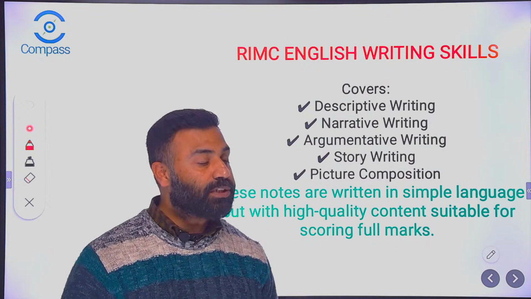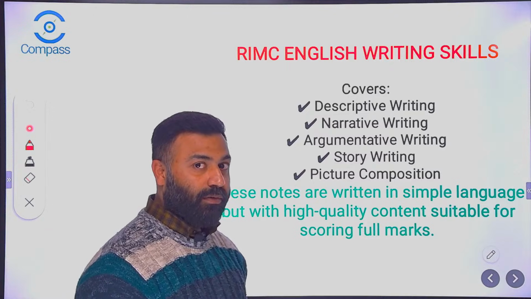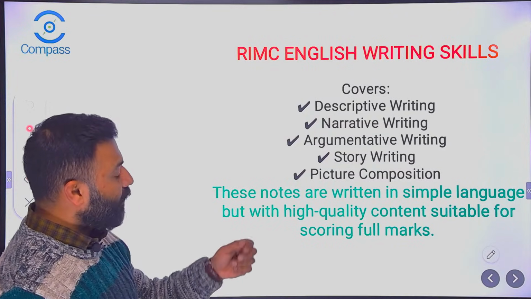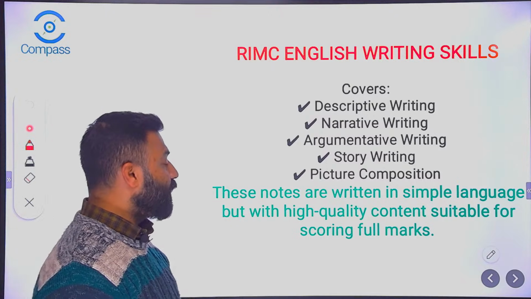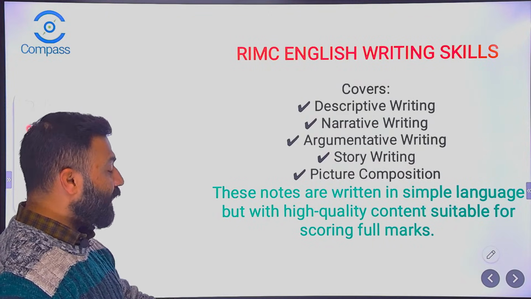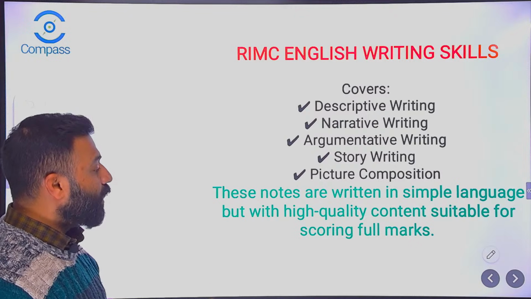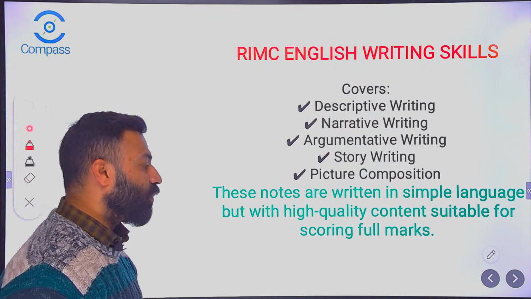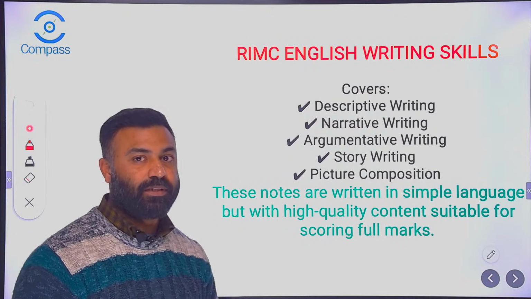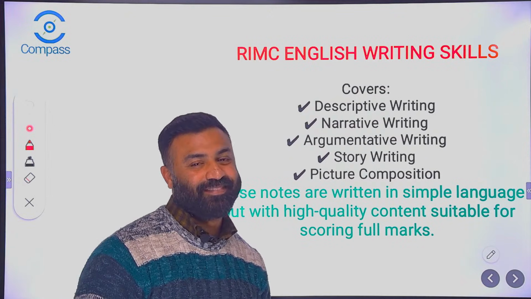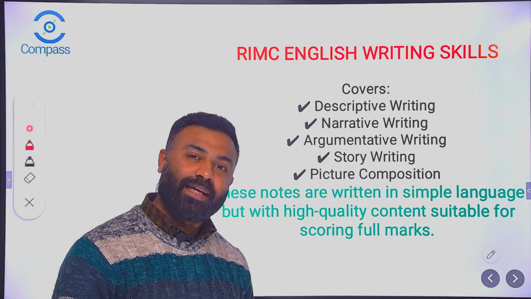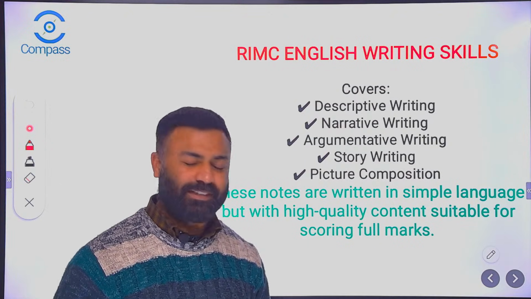Okay, so let's not talk about everything right now. Let's go forward. There is a note written over here. Let's read it together. These notes are written in simple language but with high quality content suitable for scoring full marks. Tip number one, your language has to be simple. Don't use high sounding, booming, difficult words.